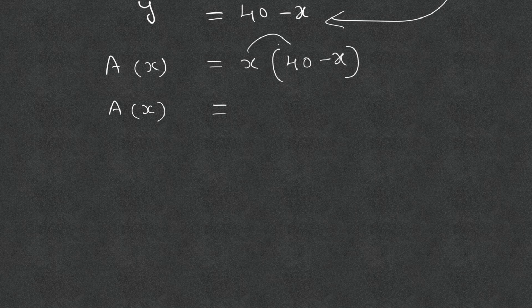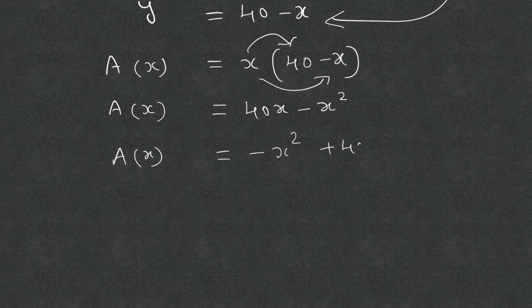X times 40 is 40x, and x times negative x is negative x squared. Rewriting area as a function of x in the standard form, we have A of x equals negative x squared plus 40x. This resembles a quadratic with the leading coefficient negative 1.